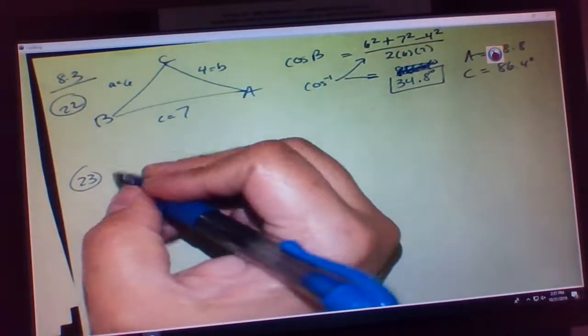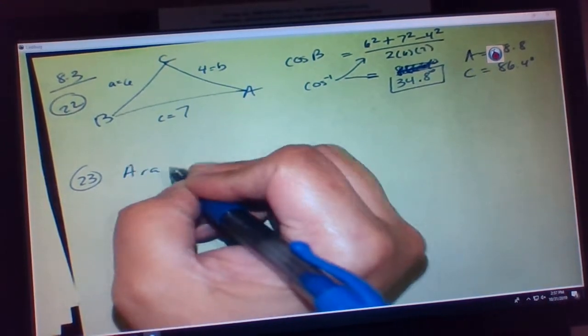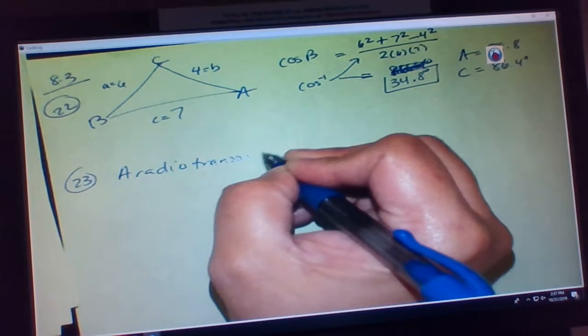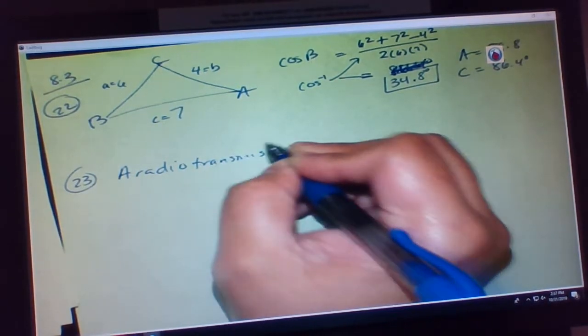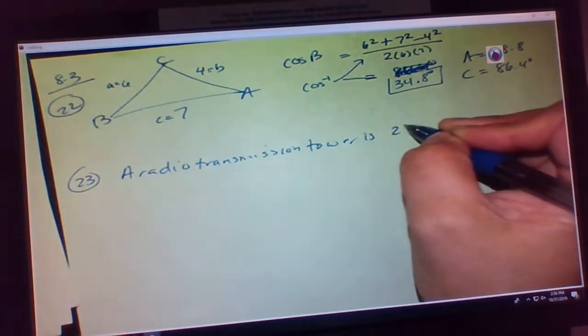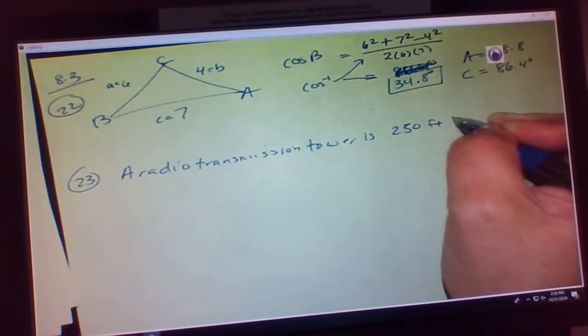So the first one, it says a radio transmission tower is 250 feet tall.